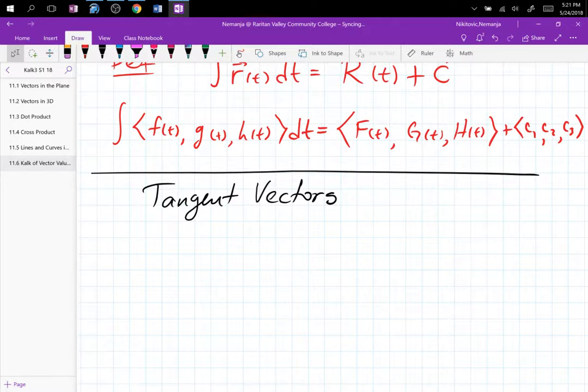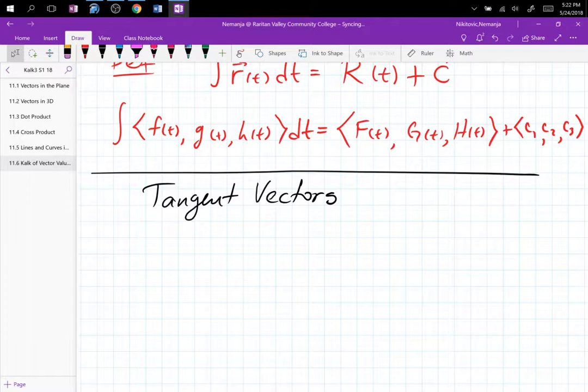So we compute everything at the point, and we are able to obtain the tangent line. Now we're going to have a tangent vector. The tangent vector is again obtained through the derivative, and it's obtained at the point, so we can find it using the same procedure, or analogous procedure, from Calculus 1.